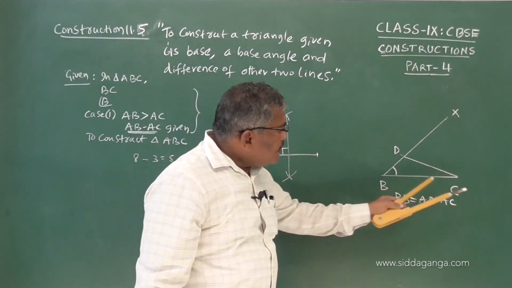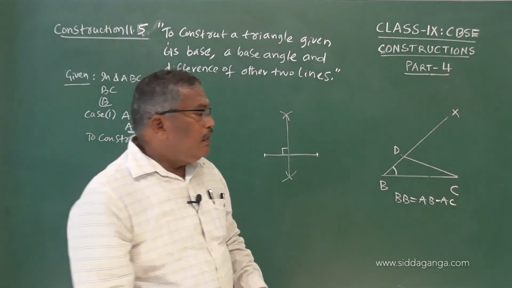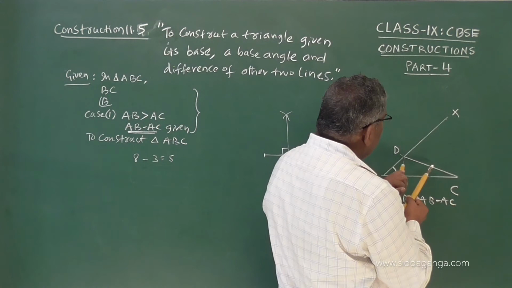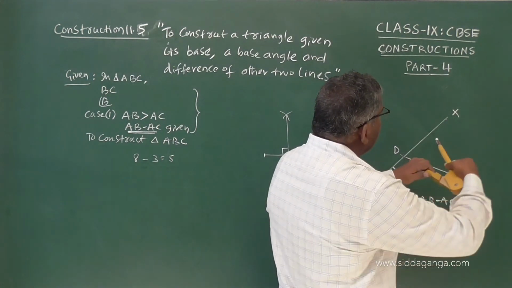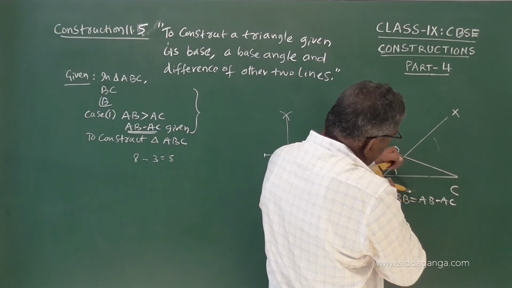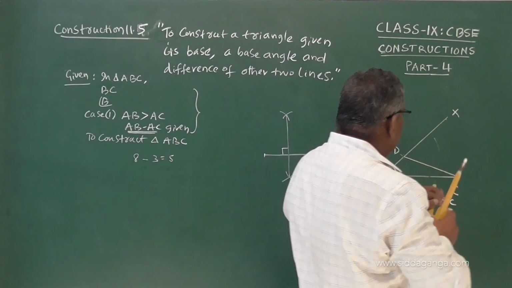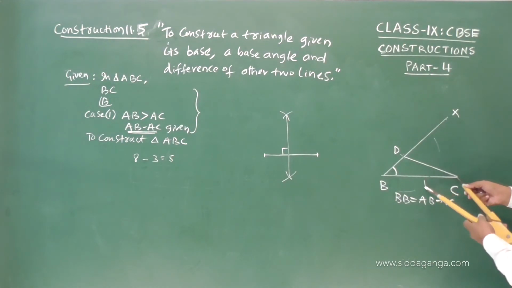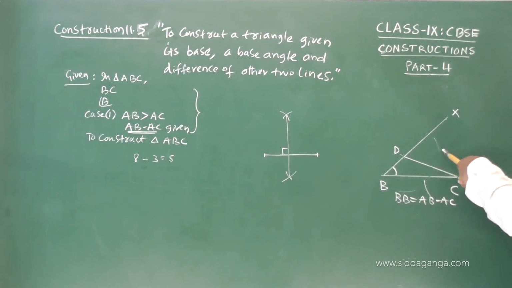So use that procedure here. You draw the perpendicular bisector to DC. So take more than half of DC, and cut two arcs on either side of the line with C as center, and with D as center.